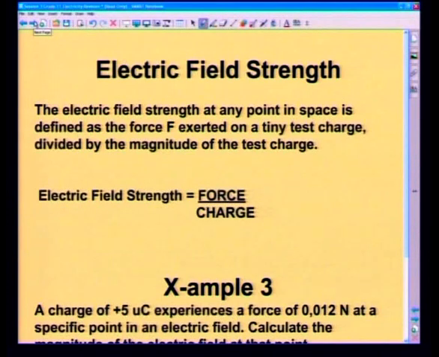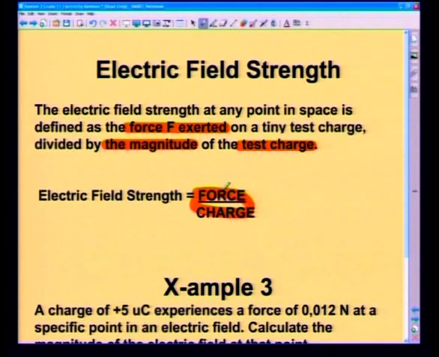Now, let's look at the electric field strength. Electric field strength at any point in space is defined as the force exerted on a tiny test charge divided by the magnitude of the test charge. And thus, that gives us the mathematical definition of what we're talking about.